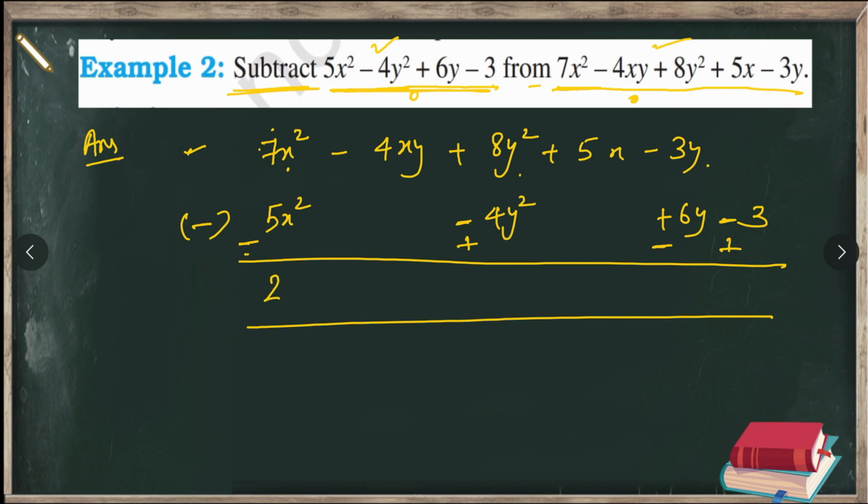Then we have plus 8 and plus 4, which will become plus 12y square. Again we don't have any x term here, so we'll write 5x as it is. Now we have minus 3 and minus 6y, so minus 3 and minus 6 will give us minus 9y. And in the last we have plus 3. We'll also only consider these signs. You will always reverse the sign when you are asked to subtract.